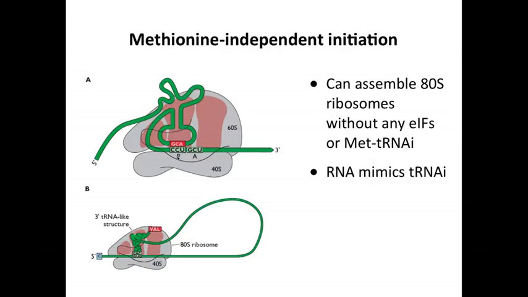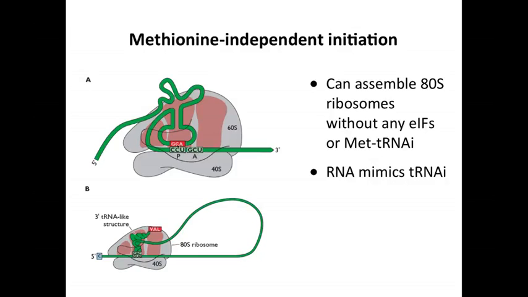And the ribosome thinks it's an initiator methionine tRNA. So it says, we're ready to go. We're ready to make proteins. And the next thing that happens is the insertion of the right tRNA in the A site. And so the protein actually will begin with whatever that next amino acid is, and not a methionine.